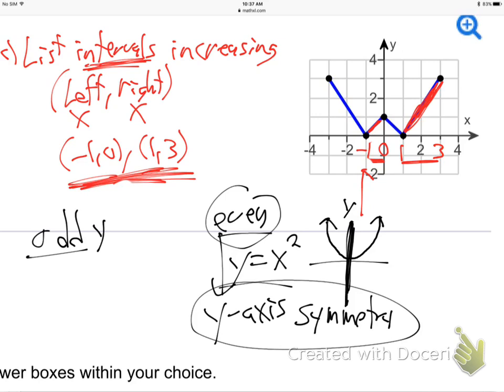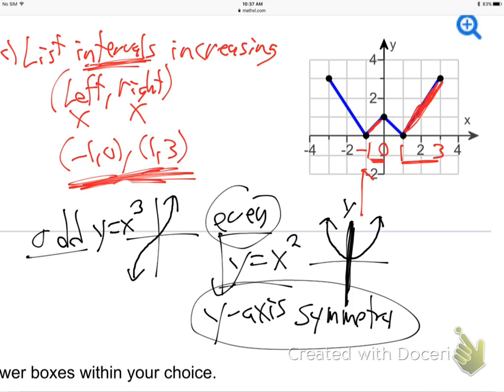Now odd, let's see if you can figure it out. Y equals x cubed. Anybody know what y equals x cubed looks like? We'll get into it next week. I call it the snake. It snakes on through like that. It goes from low to high. We'll do a bunch of stuff with it next week. What kind of symmetry does that thing have?